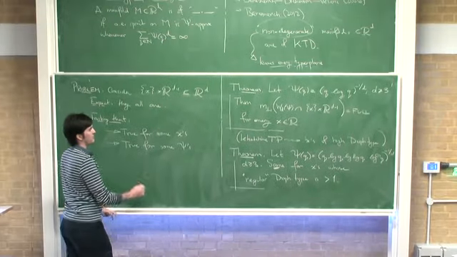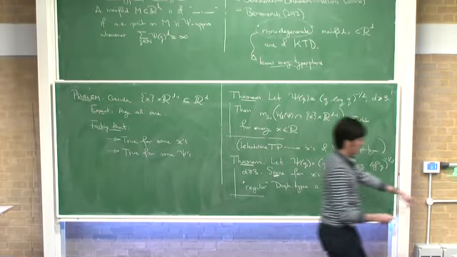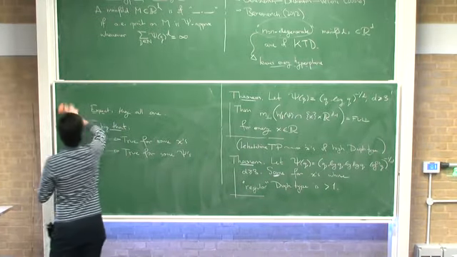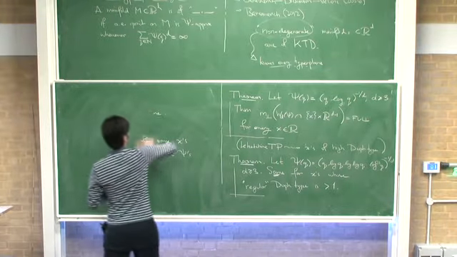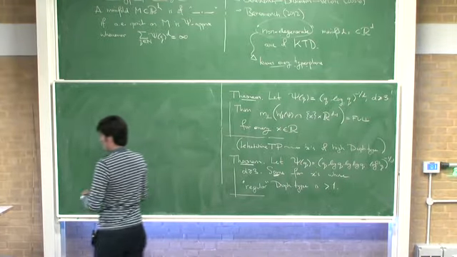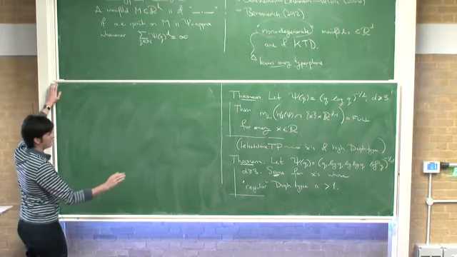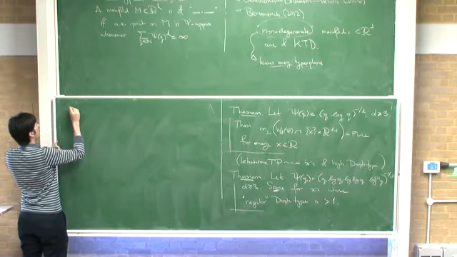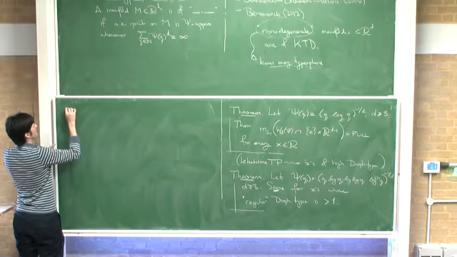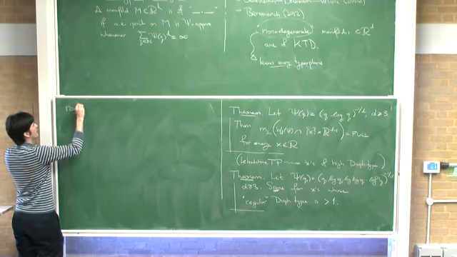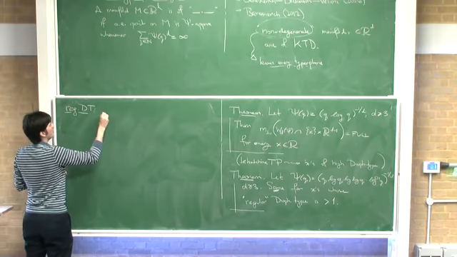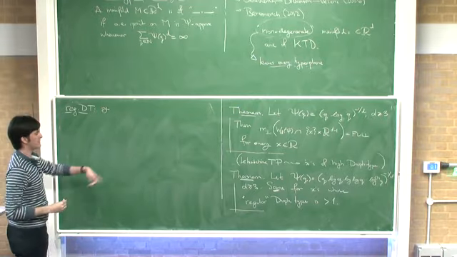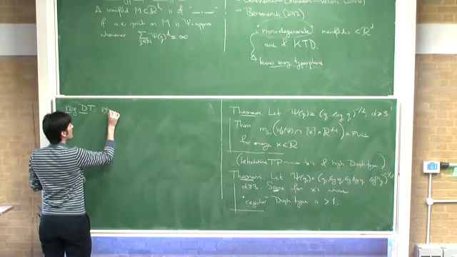Actually, I'm going to continue on this board and I'll just move it up. So by regular Diophantine type, I mean something similar to what is meant by the usual Diophantine type. Maybe call it sigma tilde, in case later I call Diophantine type sigma.